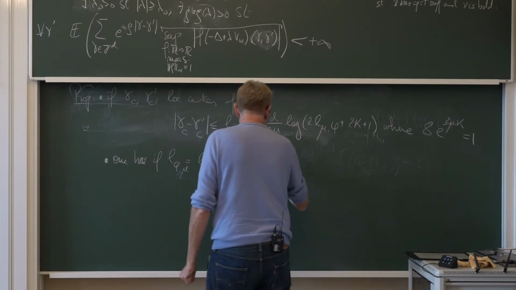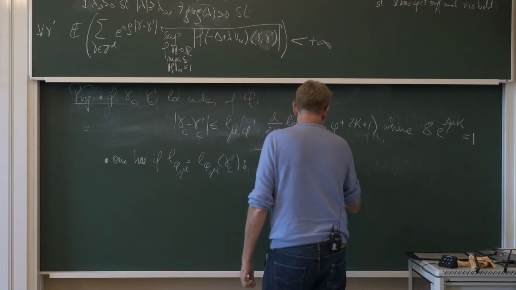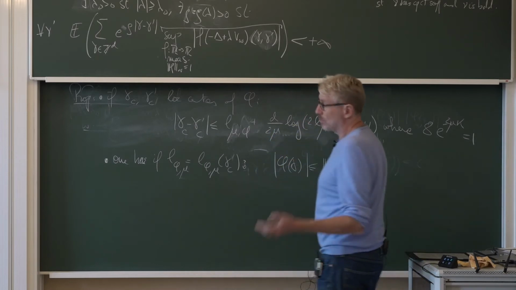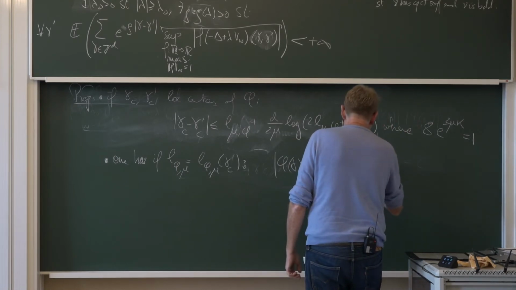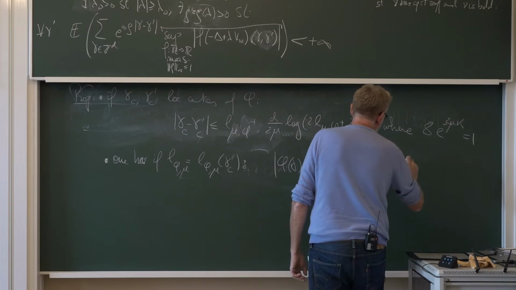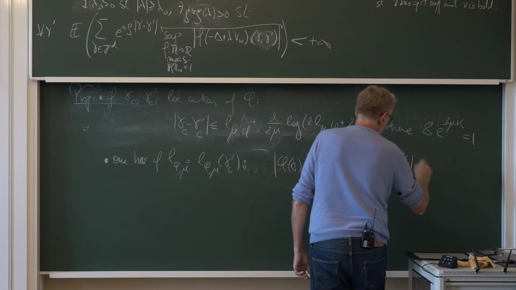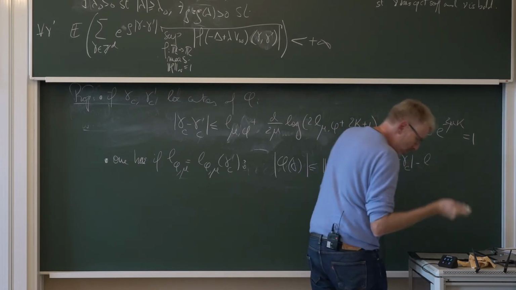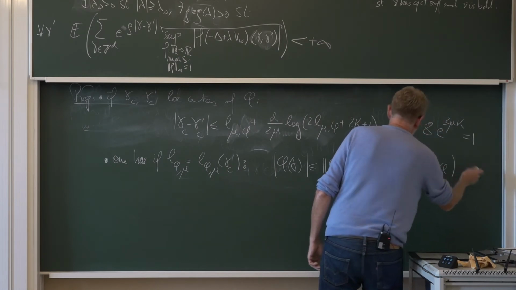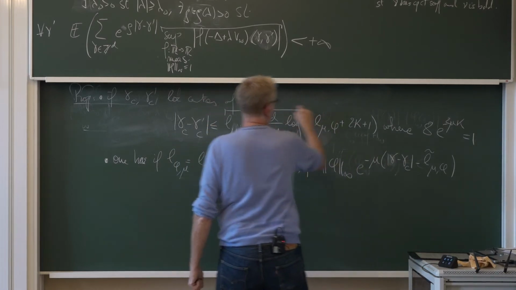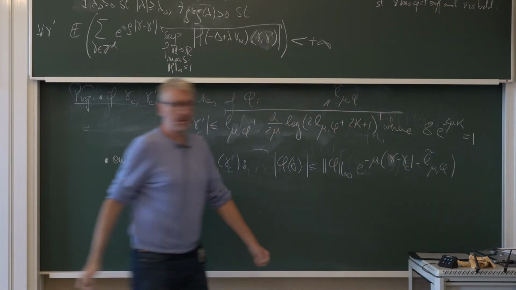Then you have that phi of gamma is bounded from above by the sup norm of phi, which is less than 1 but may be much smaller than 1, times e to the minus mu times the norm of gamma minus gamma c minus not the onset length, but something slightly larger, L tilde of mu and phi. Plus, of course.